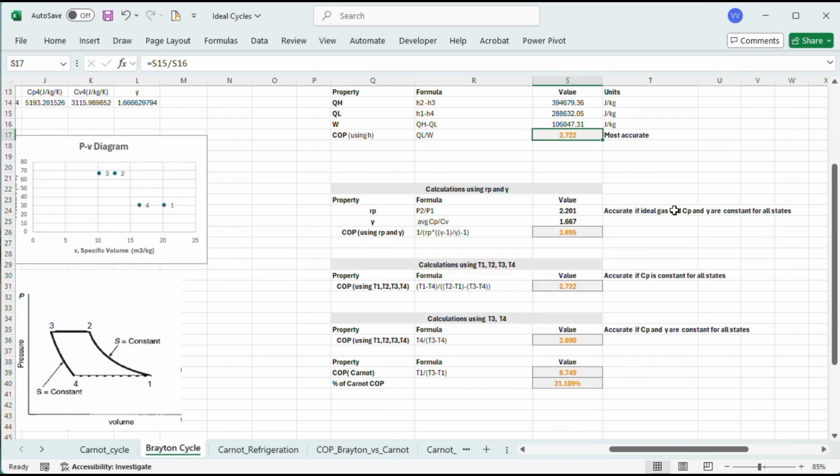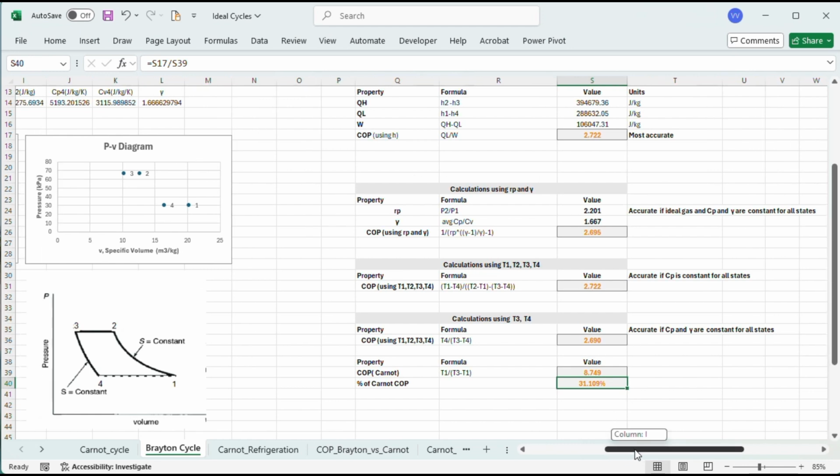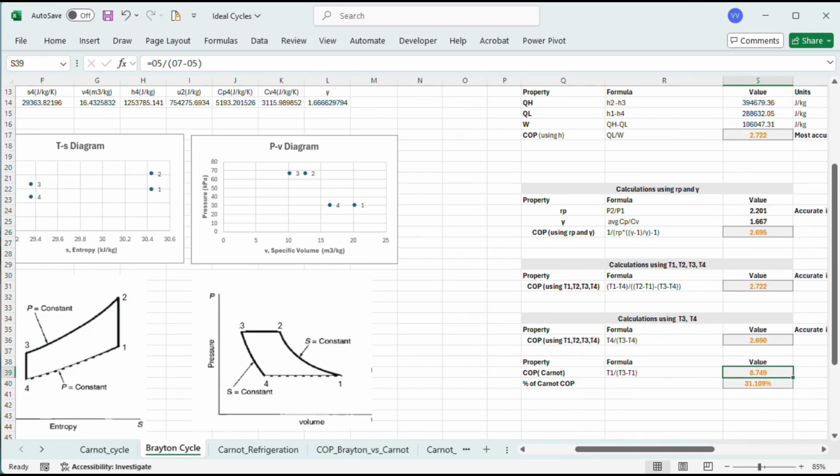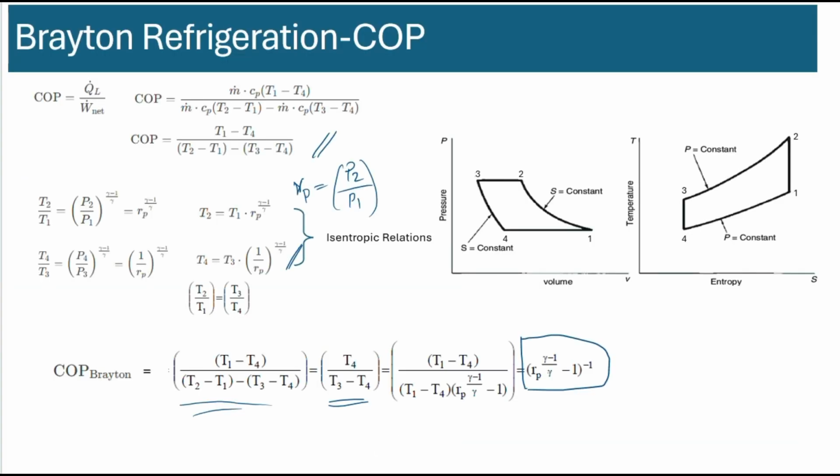The reason for the error in each method is given here. And you can also see the COP is much lower compared to what a Carnot cycle would have had under the same conditions. All right, so that brings us to the end of this lecture.